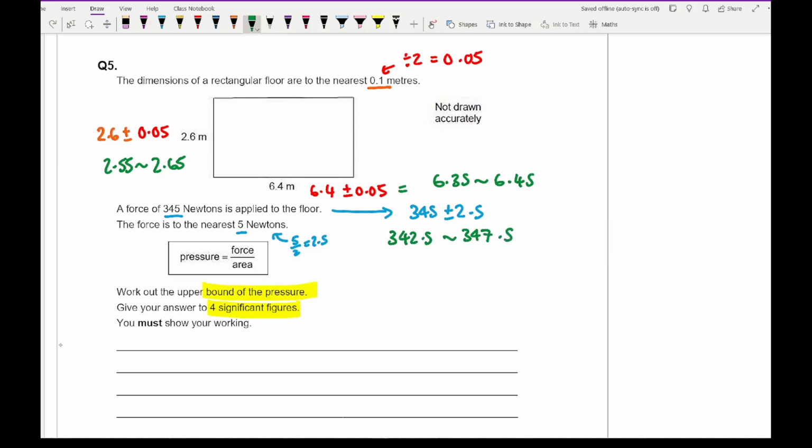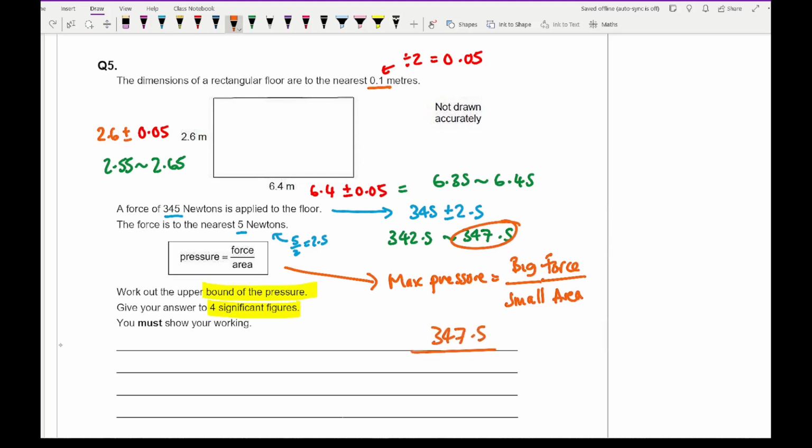Now to get the maximum pressure, I need the biggest number at the top over the smallest number at the bottom. So what I need is the biggest force and the smallest area.